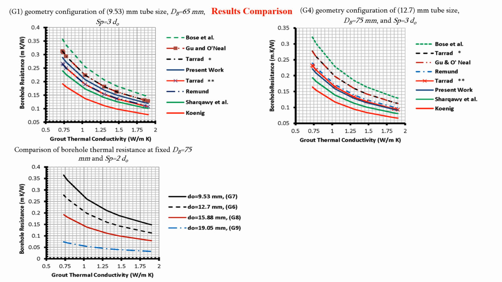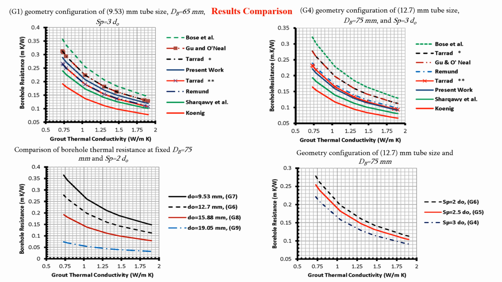Then at diameter equal to 19.05 millimeter, as designated by G9, will be the minimum, because the tube will be closer to the outer surface of the borehole.